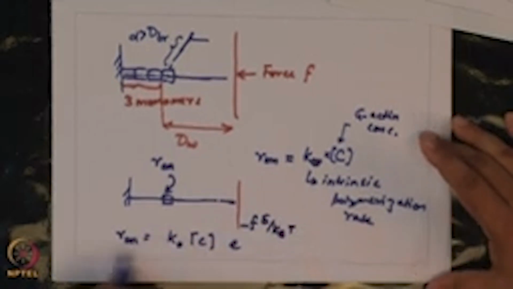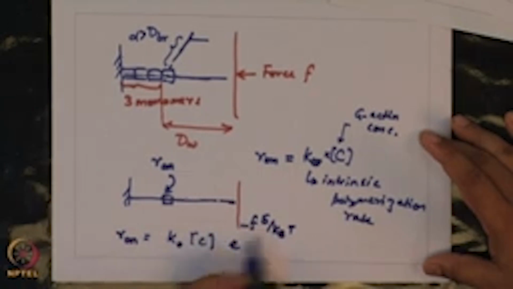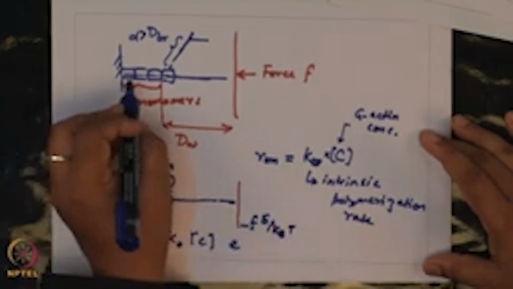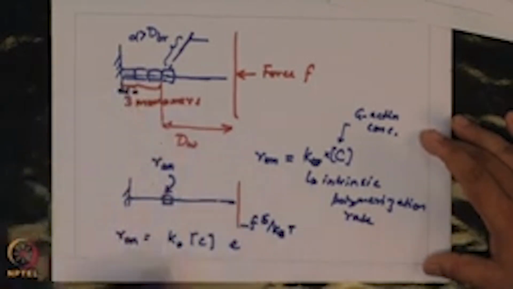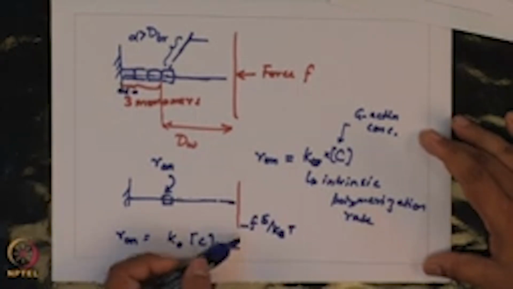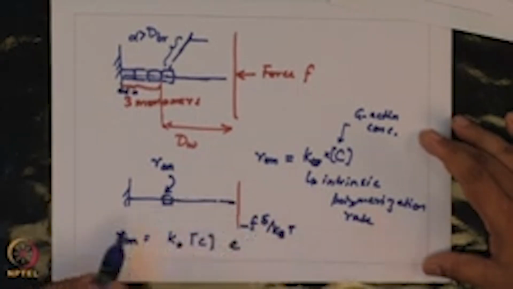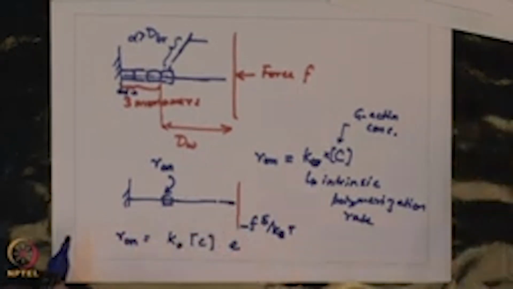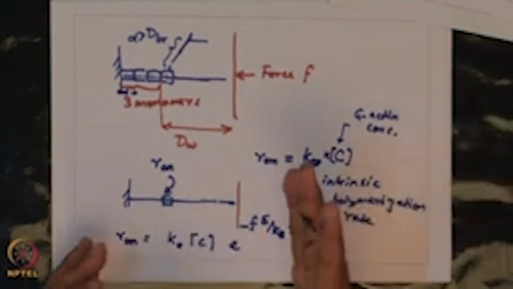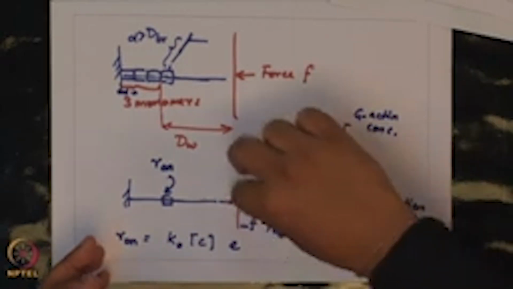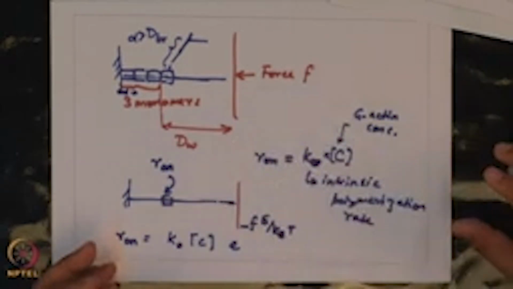What is typically done is, you write down an expression like this where delta... let us assume that d is the single monomer length. And so, you have a dependence exponential to the power minus f times delta by kBT. So, kBT has units of energy, f is the force, delta is the distance the wall has to be moved if you were to add a monomer at that point.